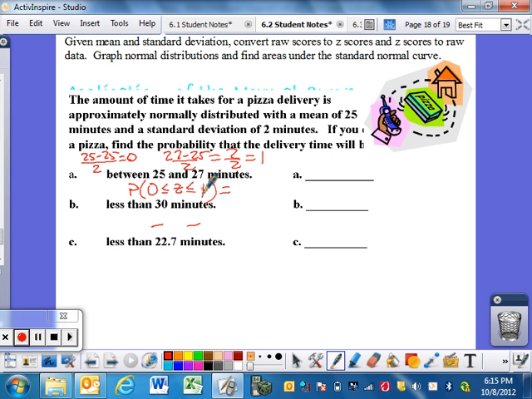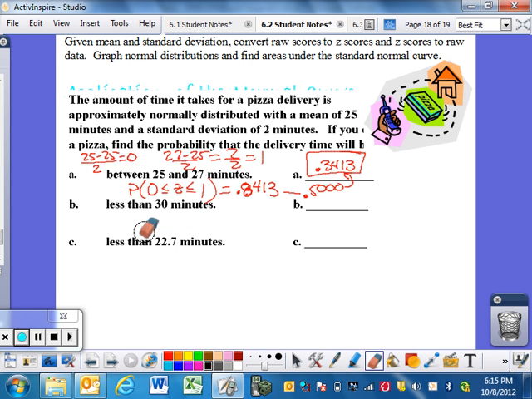Well, if you go into your table and find 1.00, that percentage is 0.8413. And then I need to subtract, what's the probability of a z-score of 0? 0.5000. So my answer is 0.3413.